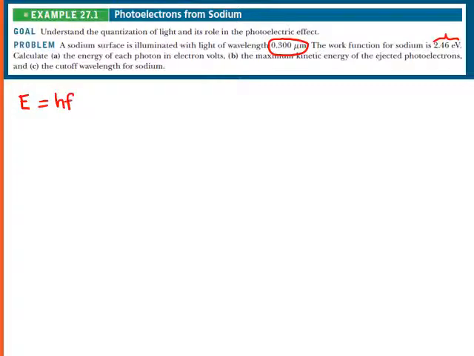However, in this problem, we don't have the frequency of the photon, but we know from the previous lesson that the velocity of a wave is equal to the wavelength multiplied by its frequency. Since we're talking about a photon, we're talking about a light wave, and the velocity of a light wave is c, so c is equal to lambda multiplied by f.